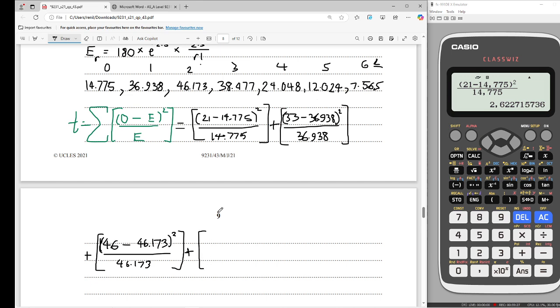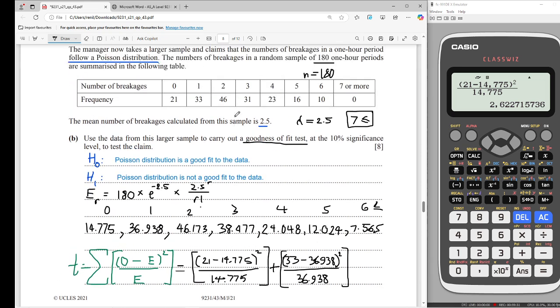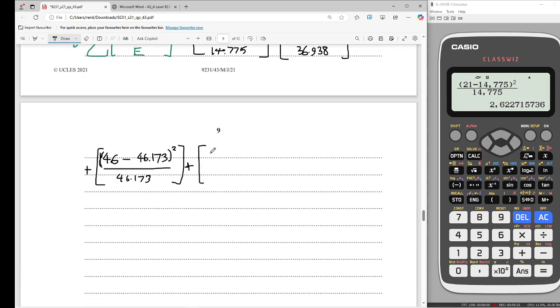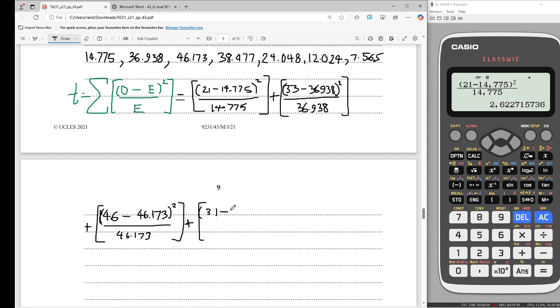Next up, r equals 3. When r equals 3, our observed value is 31 minus our expected value 38.477, whole square the difference, whole divided with 38.477, close bracket.